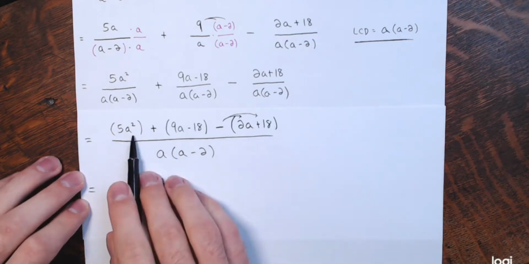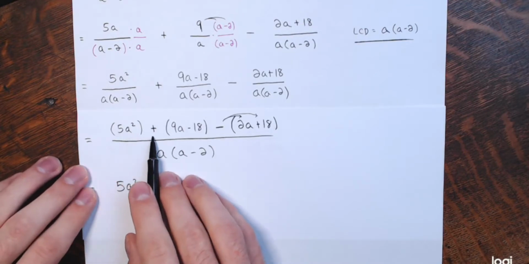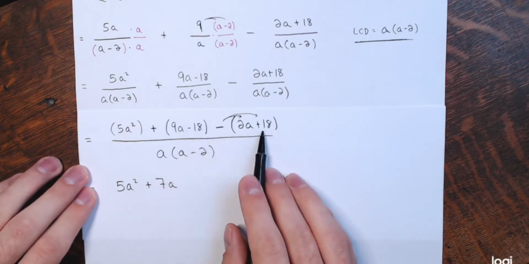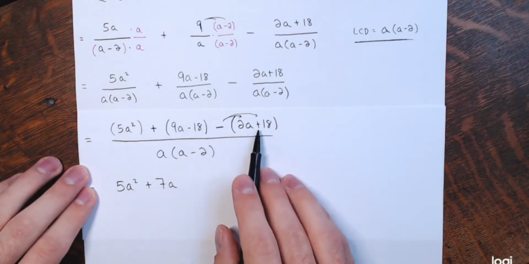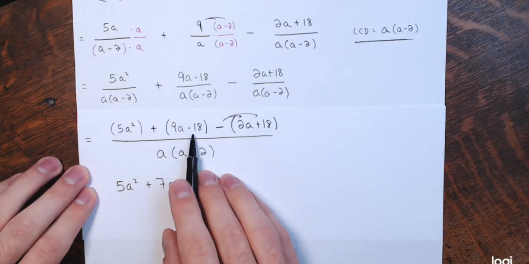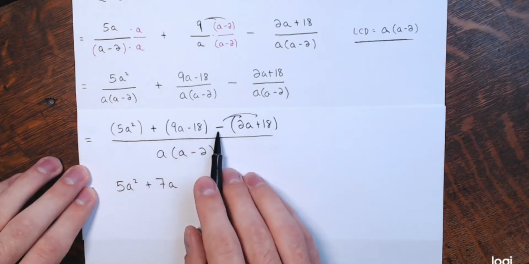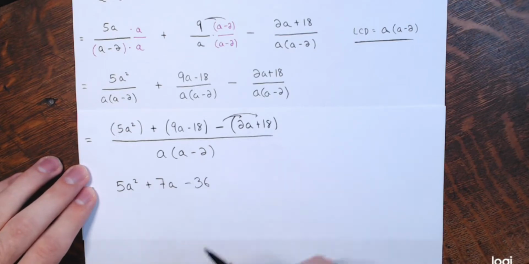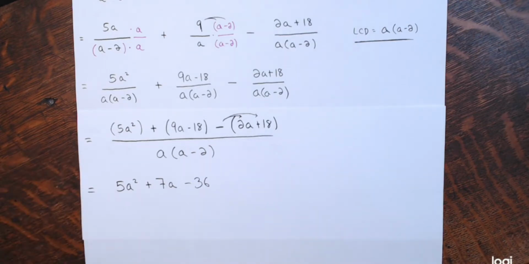And then there's no constant in the first numerator. Plus negative 18 in the second numerator, that'd be negative 18. Minus positive 18 in the third numerator. So 0 plus negative 18 would be negative 18. Minus 18 would be negative 36.